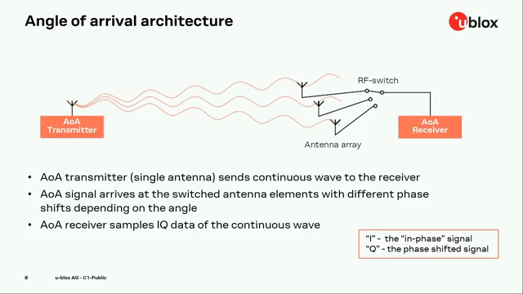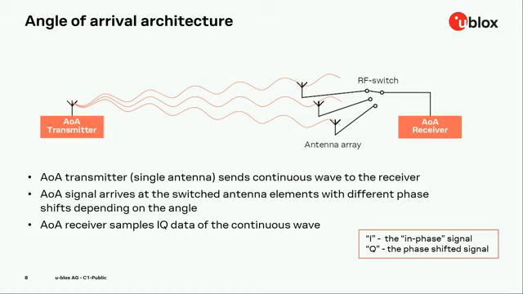So this is a slide just showing briefly the architecture of angle of arrival. On the left-hand side, you have the AoA transmitter, which has a single antenna, and it transmits a continuous wave. On the right-hand side, you have the AoA receiver, which has multiple antennas and switches in between these antennas and receives the signal on all of them.